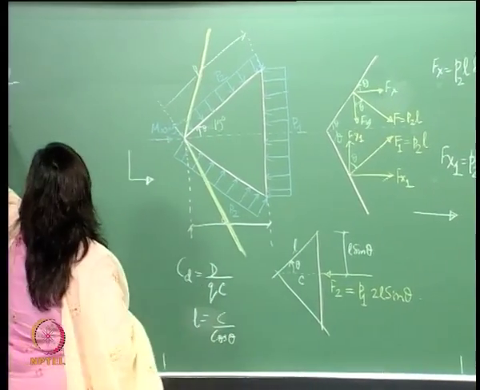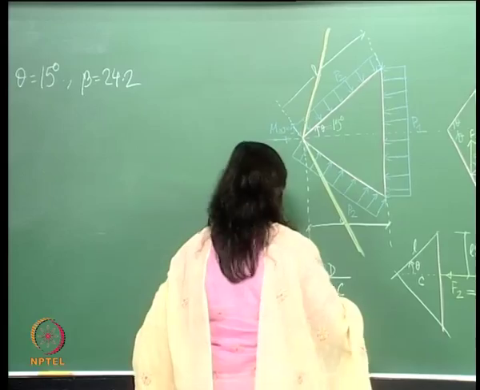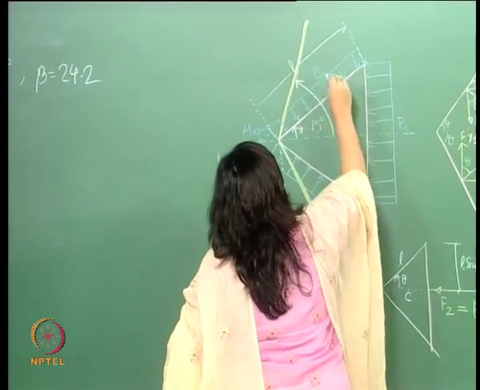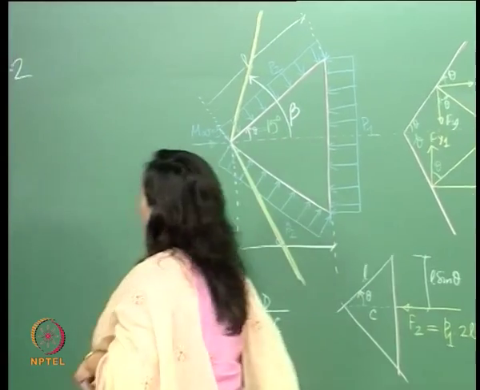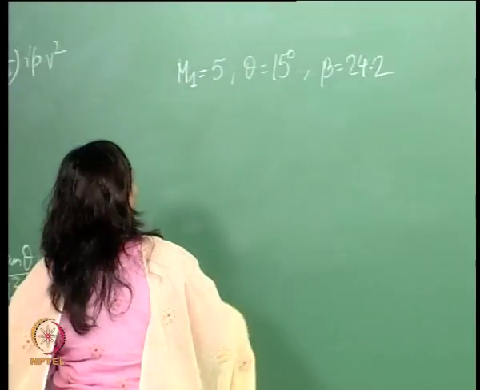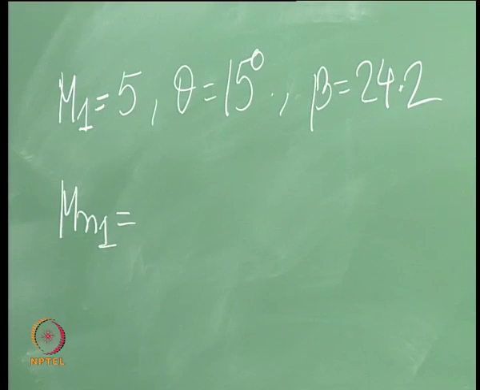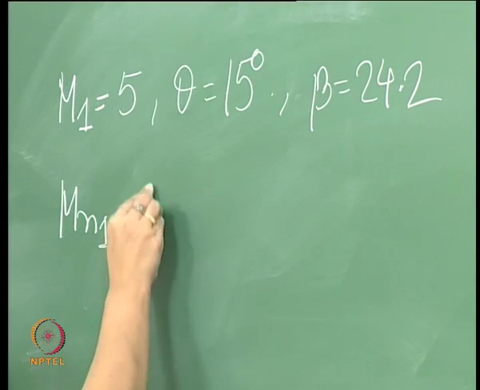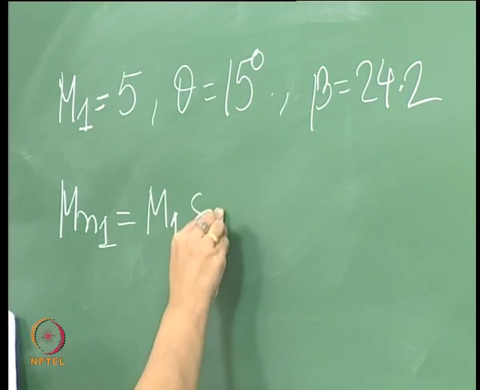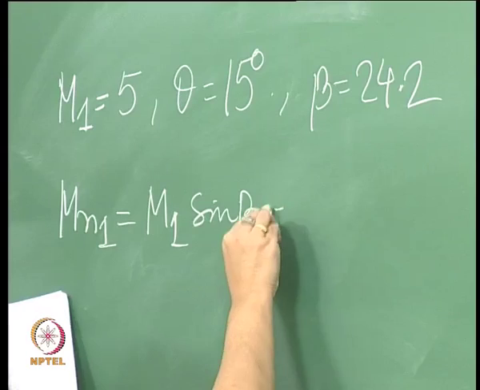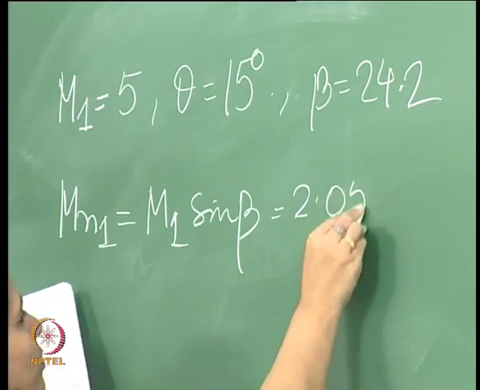Therefore we find the shock wave angle, this beta, to be 24.2, right? Then we calculate the normal component, which comes out to be nearly 2.